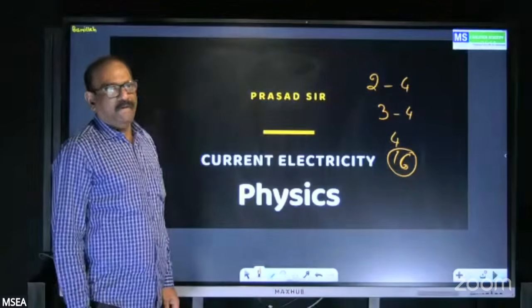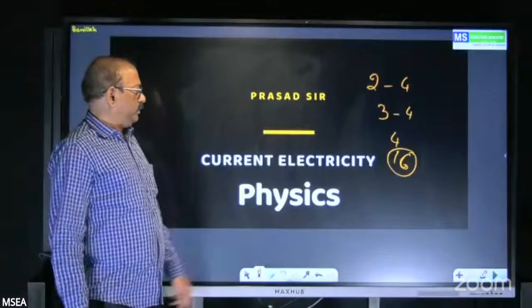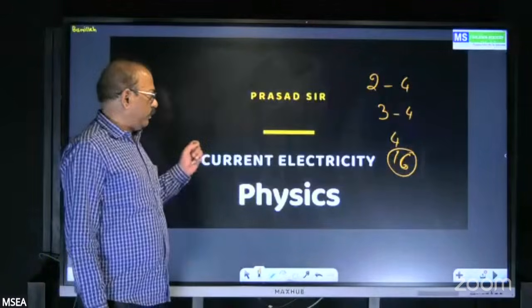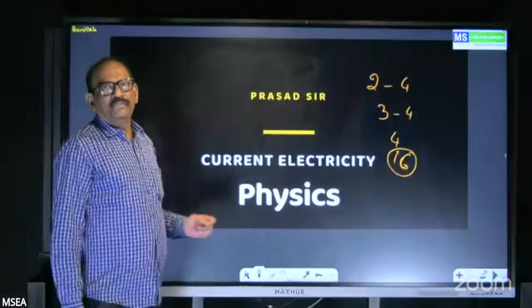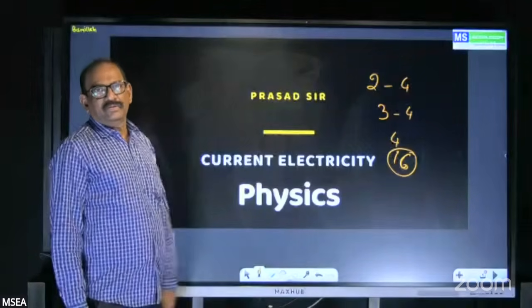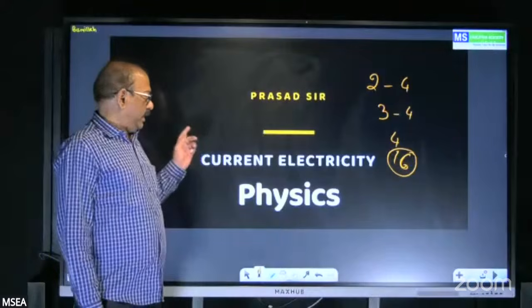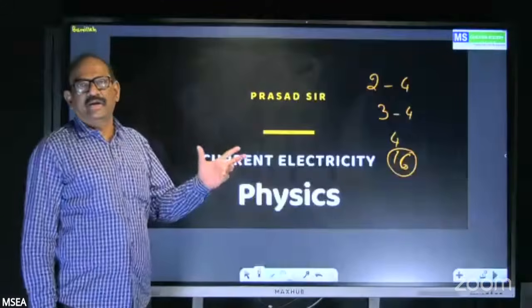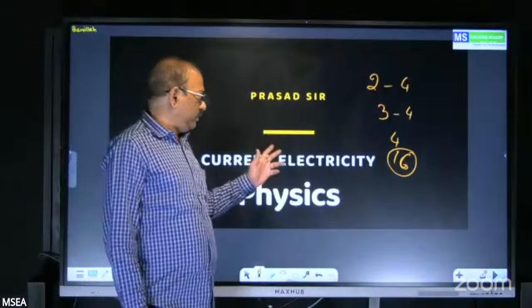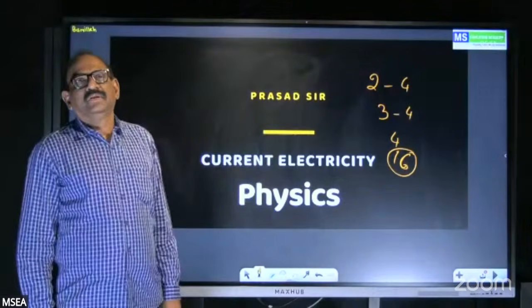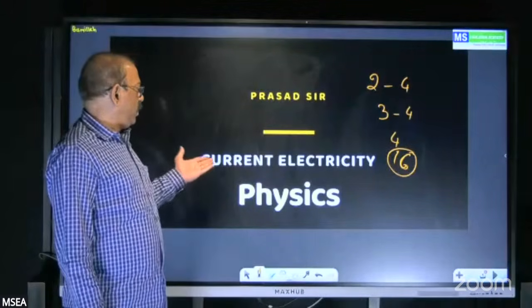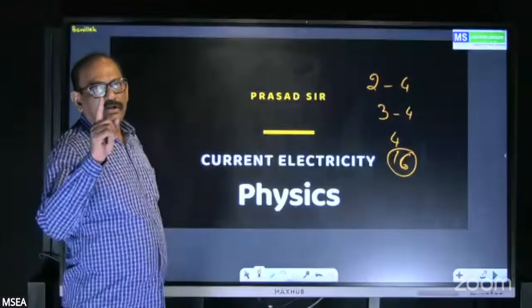Be ready with your notebook and try to solve every problem before I solve it. By the end of this chapter, you should feel confident to attack any problem on current electricity in the examination. So let us play with current electricity and enjoy without getting shocked.